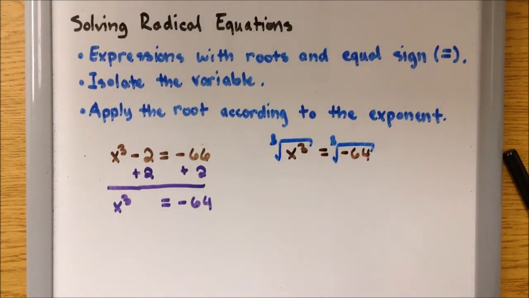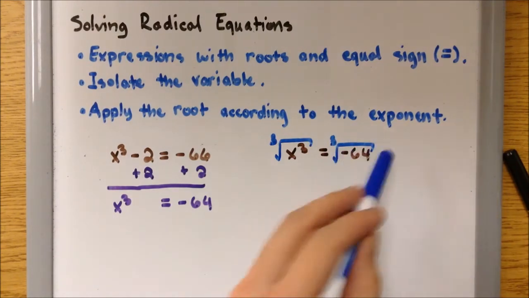Now, it's similar to the last example. We have a negative number inside the root. Now, if it's a negative number inside a square root, then you will have imaginary numbers. If it's a negative number inside a cube root, then there's a possibility that your answer can be negative.